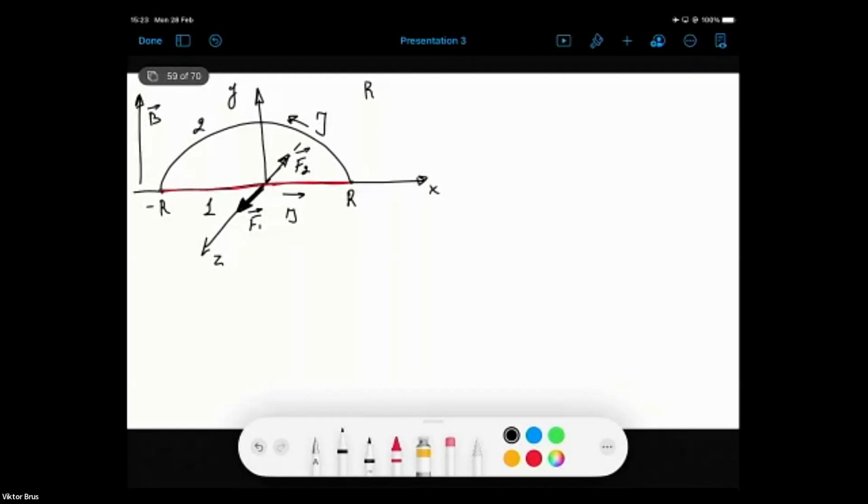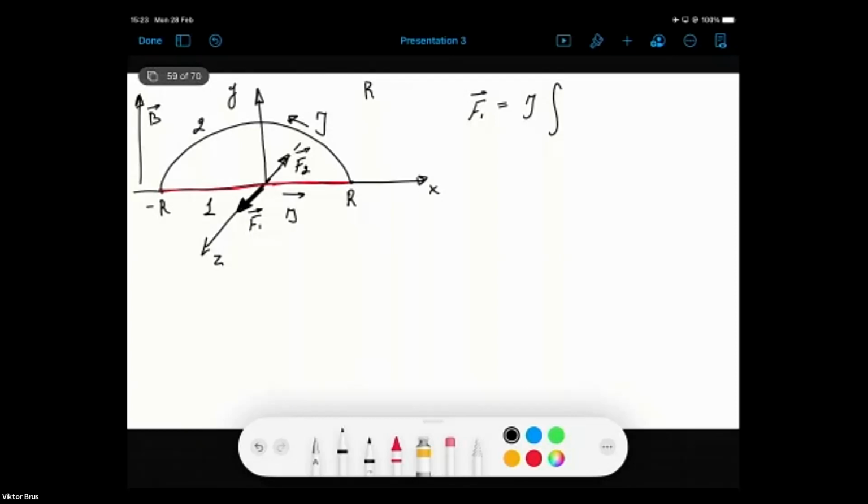Let us now try to determine the magnitude of these forces. F1 vector, according to the equation which we derived on the previous slide, should be given by the product of electric current and the integral from one end to another.